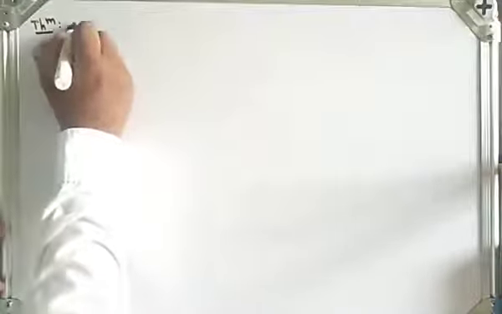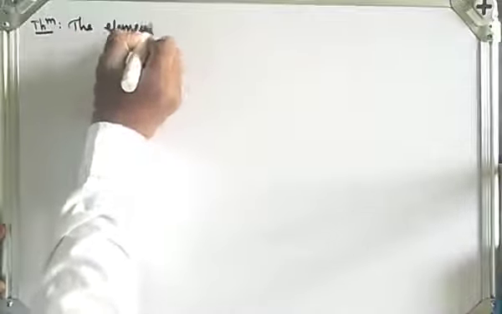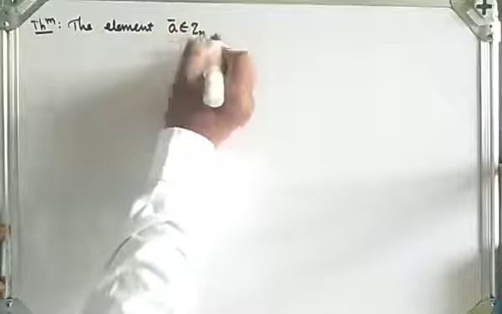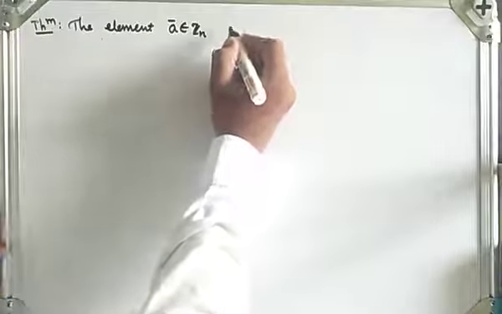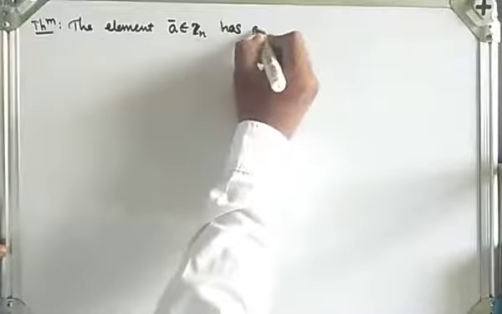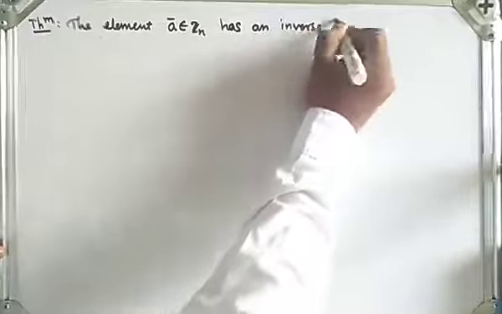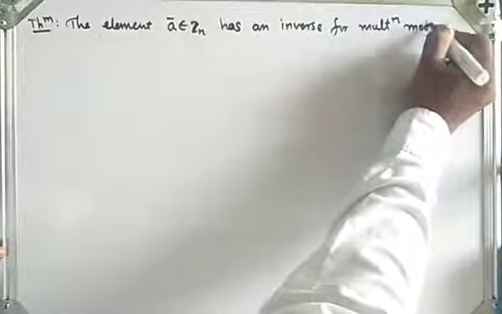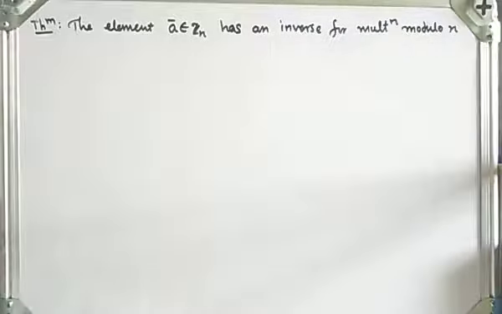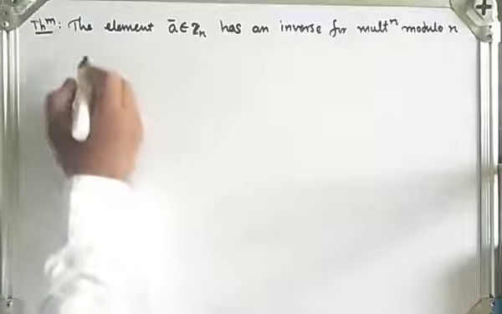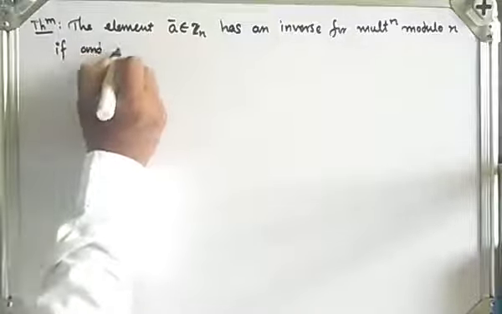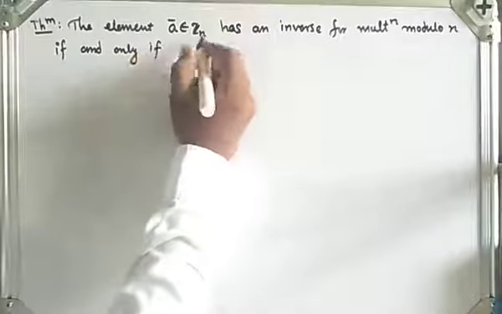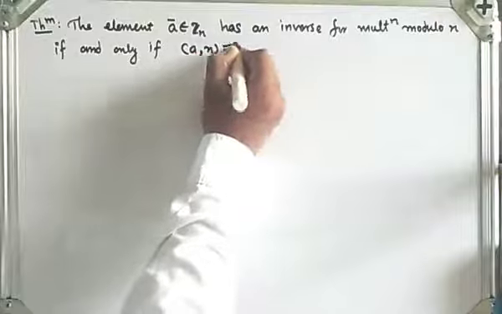The statement of the theorem is: the element a bar belonging to Zn has an inverse for multiplication modulo n if and only if GCD of a and n is 1.